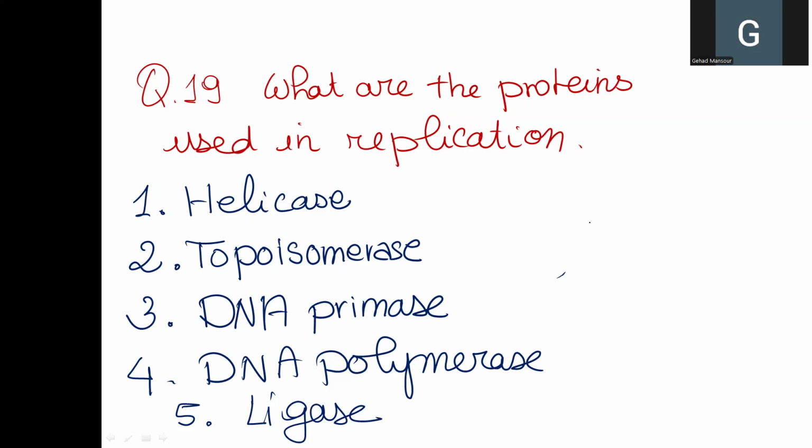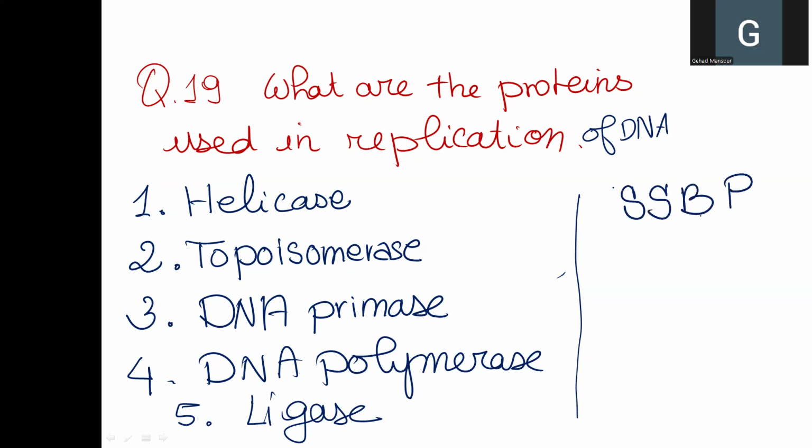So these are 5 enzymes, but in addition to those 5 enzymes, we have several other proteins that are used in replication, of course, of DNA, but the one we will be discussing is the single-stranded binding protein.